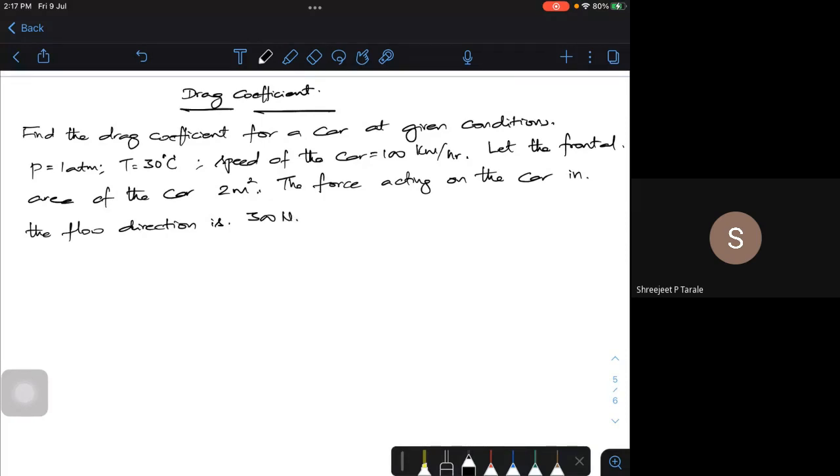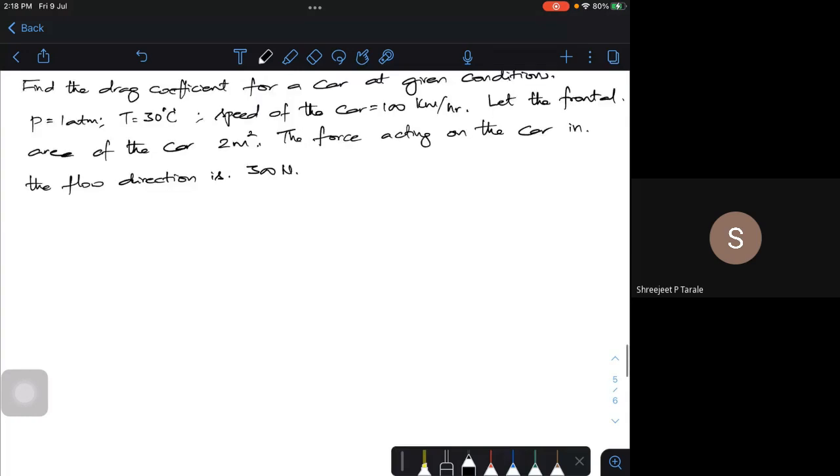So 300 newtons. For this, you have to find the drag coefficient. This is the problem statement. The problem statement clearly tells what I have, and I should be able to find the drag coefficient for this.